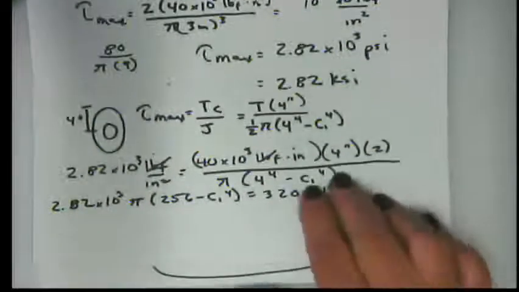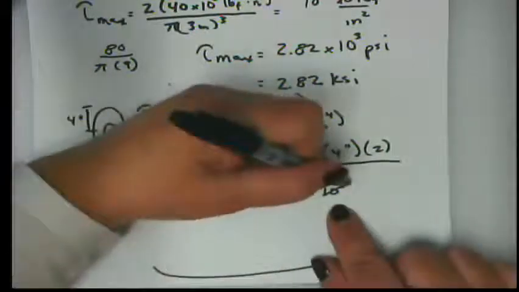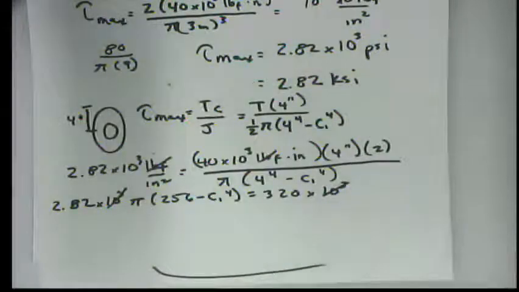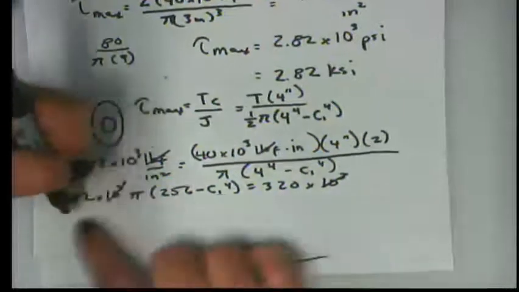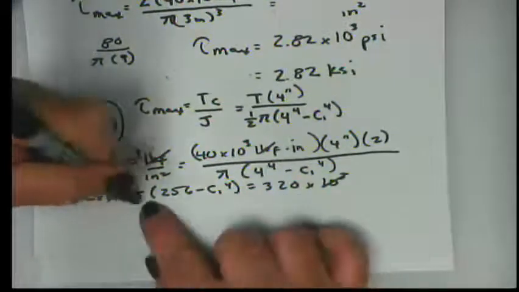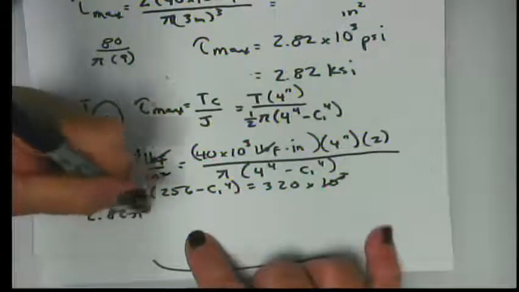Okay, so the good news here is that I have 10 to the third multiplied clean through here and 10 to the third multiplied clean through here, so they cancel out. I'm going to divide over this just to get a constant, so I'm going to divide by 2.82 times pi on both sides.